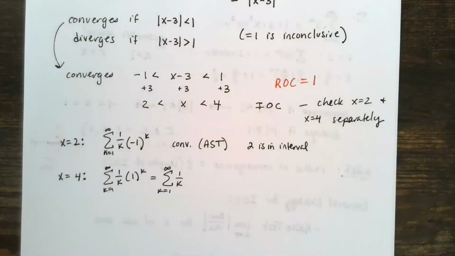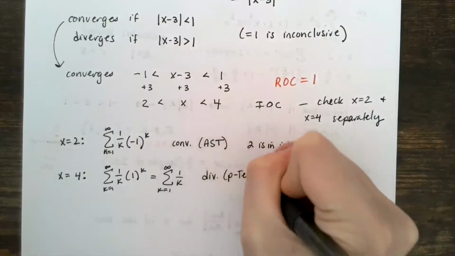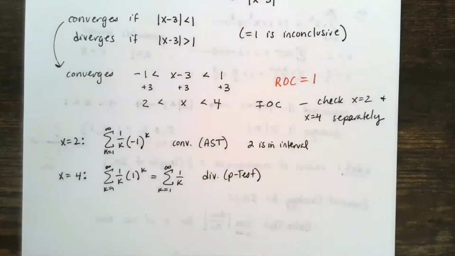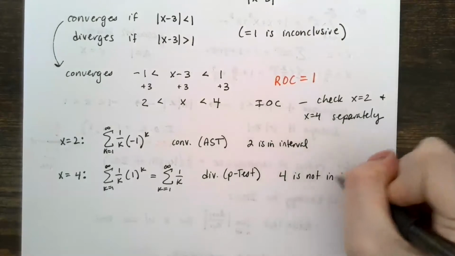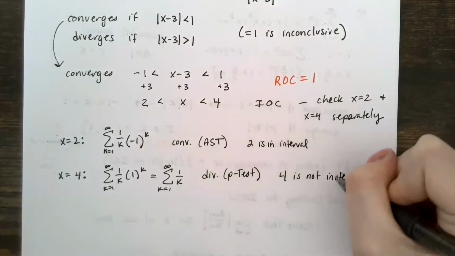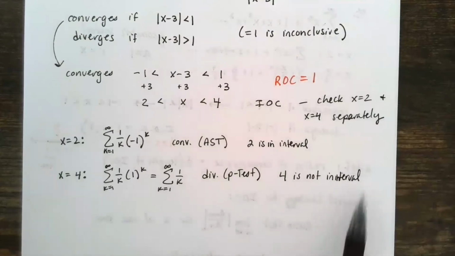And the harmonic series diverges. Let's say by the p-test, even though we know this particular series really, really well. Let's say it's specifically because of the p-test. So that means that 4 is not in the interval of convergence because 4 did not make a convergent series. There we go, so 4 is not in the interval.